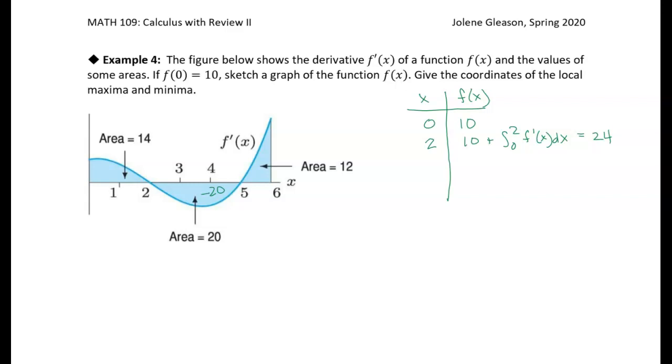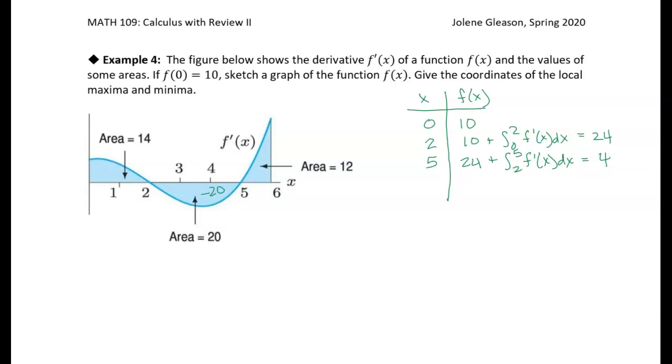Now I know the integral between 2 and 5 is minus 20, so I can find the value at 5. It's just the value at 2, which is 24, plus the integral from 2 to 5 of f prime of x dx. If I take 24 and subtract 20, now I'm at 4. So my function value at that point is 4.